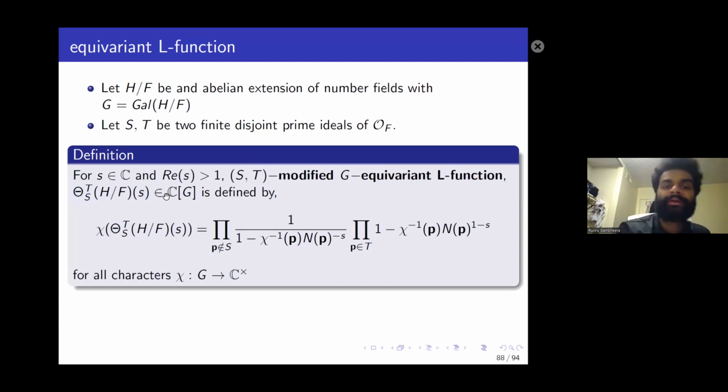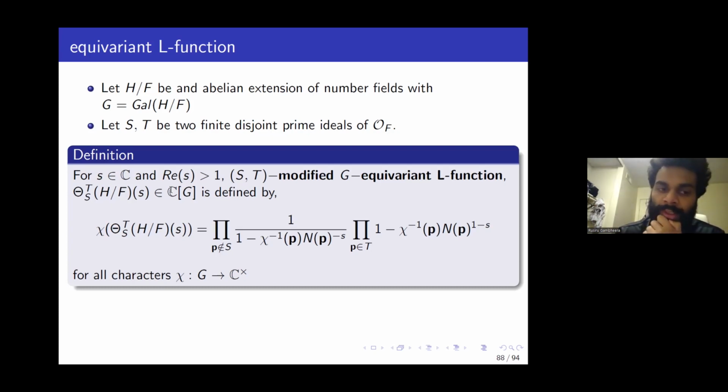the group ring over C. I didn't define that, but let me tell you what it is. This is the set of polynomials with coefficients in C, but the variables in the polynomials are group elements. That's the only difference. The variables x, y, z in the polynomials are group elements.